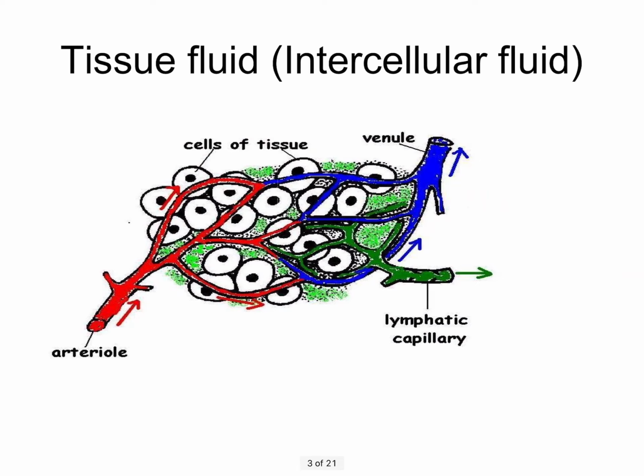So remember, each individual cell has to be fed. That's why the capillaries have to be so tiny. They'll move in around the cells, supplying glucose and supplying oxygen. And remember, the way that the substances are moved is diffusion. And then remember we said that 90% of this tissue fluid goes back into the capillaries on the venous side, the venule side, and 10% of the tissue fluid drains into your lymph.